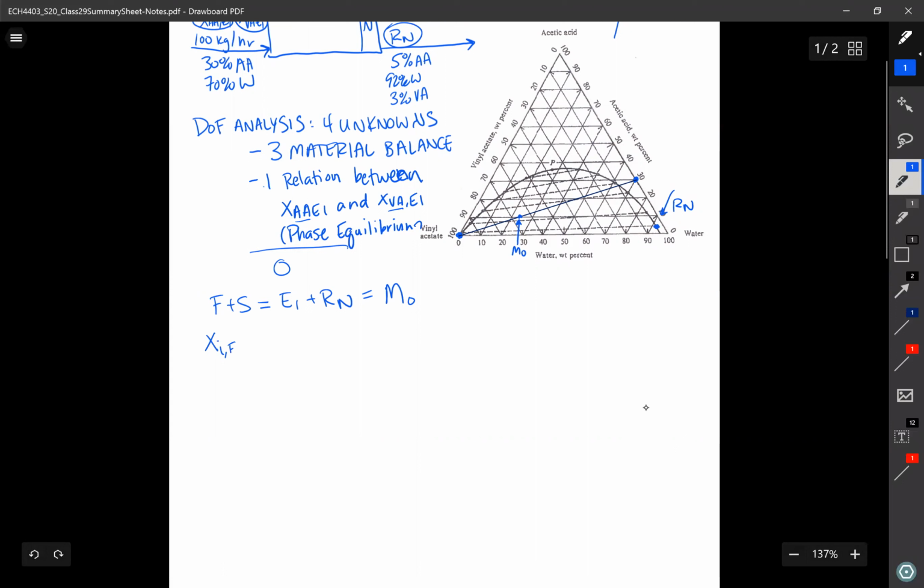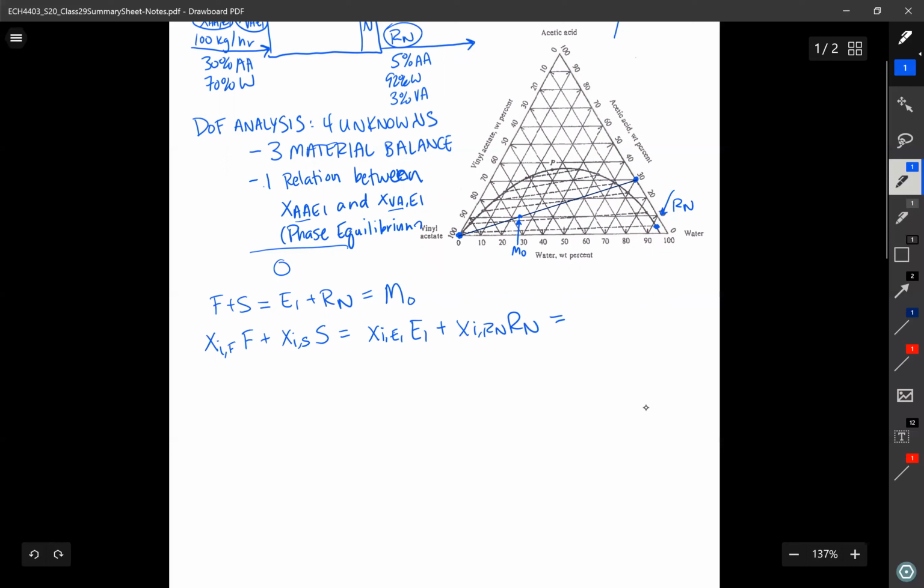So the composition of component I in the feed times the feed flow rate plus the composition of I in the solvent stream times the solvent flow rate must equal the composition of component I in the extract coming off of stage 1 times that flow rate plus xi Rn times Rn.